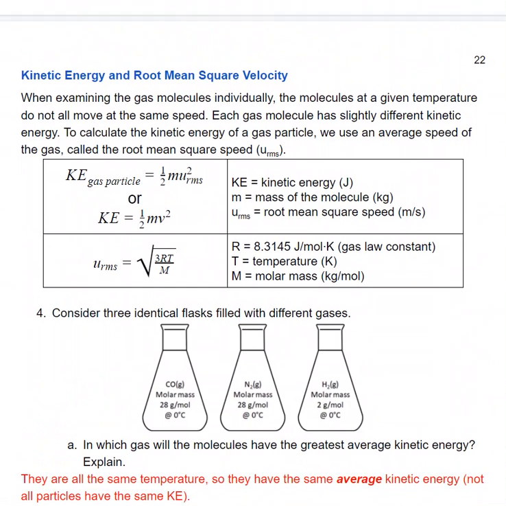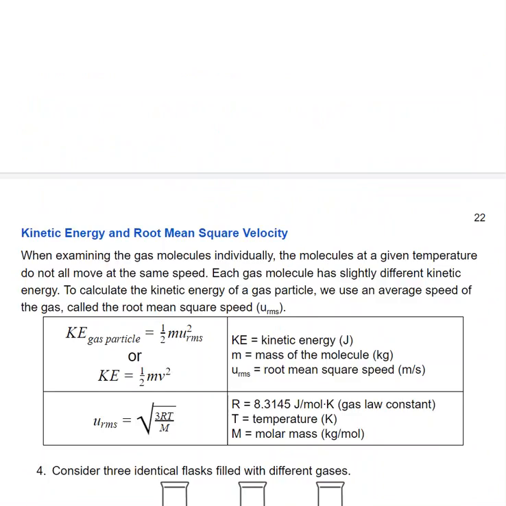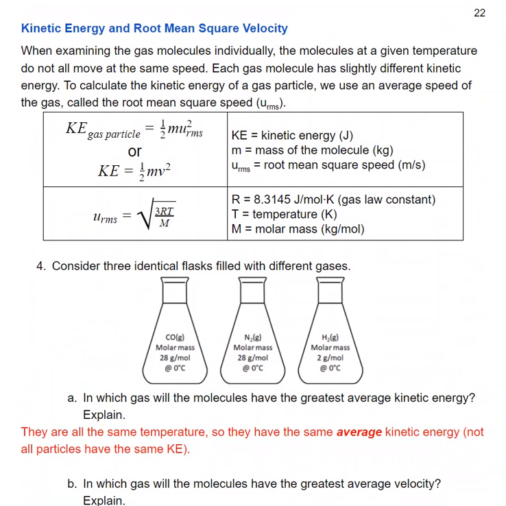So looking at kinetic energy and how that relates to velocity, how that relates to speed here. So if we look at individual gas particles, they're going to have different speeds even if they're at the same temperature. And that's because each molecule has slightly different kinetic energy.